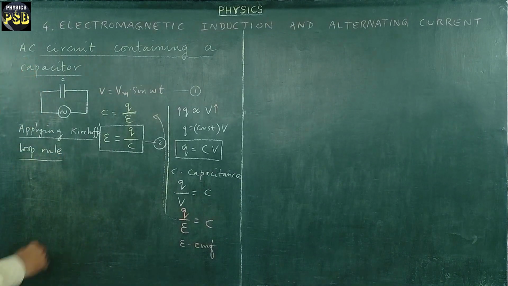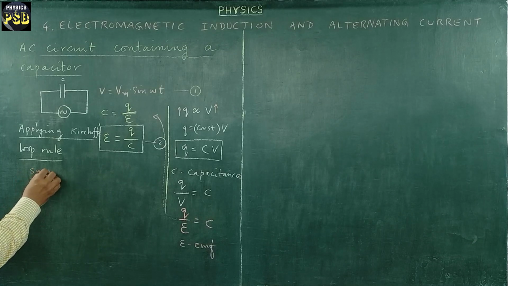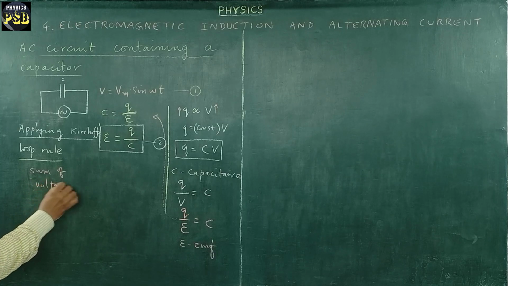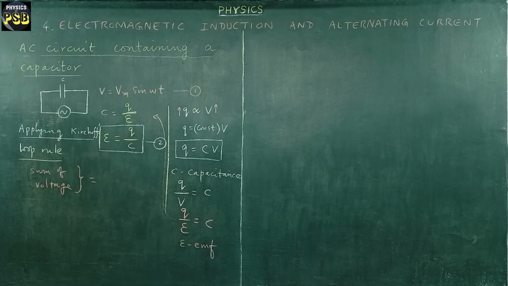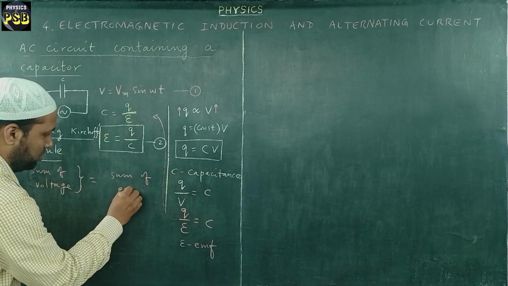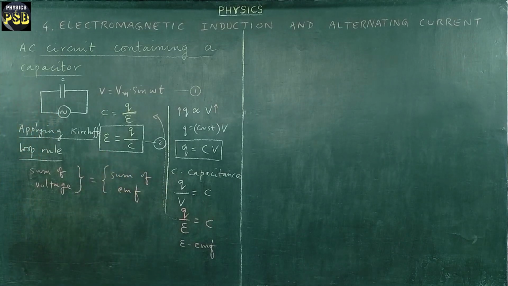The sum of total voltages in a circuit is 0, which is otherwise represented as the sum of voltages in a circuit being equal to the sum of EMF. This is another way of representing Kirchhoff's second rule or Kirchhoff's voltage rule.